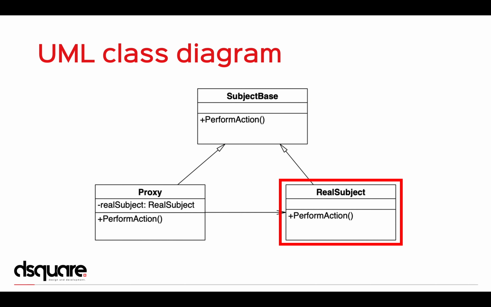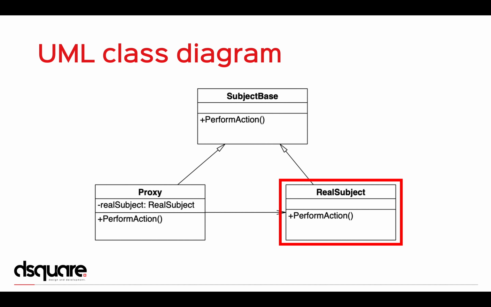The real subject would then inherit from subject base, which would be an abstract class, or we can create subject base as an interface, in which case real subject would implement this interface. Because it either inherits from the abstract base class or implements the interface, it needs to have the perform action method.